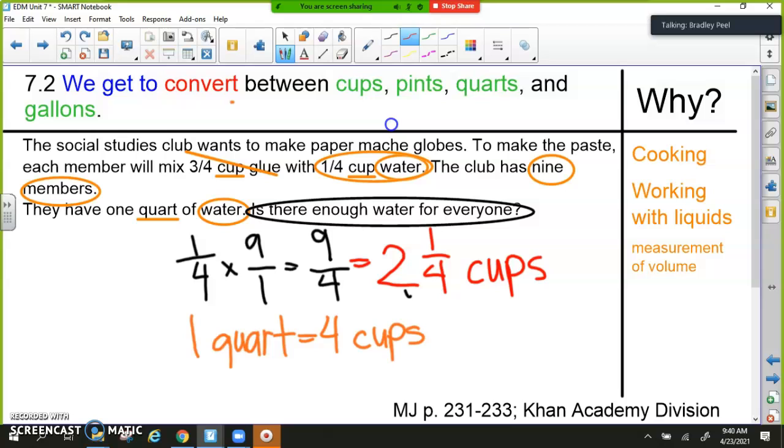From there you can't take another one out, so there's 1/4 left over. So to this point, we're only needing to use 2 1/4 cups of water. If a quart equals 4 cups, do we have enough water here? We do have enough water. We're starting with 4 cups of water. We're only using 2 1/4 cups of water.